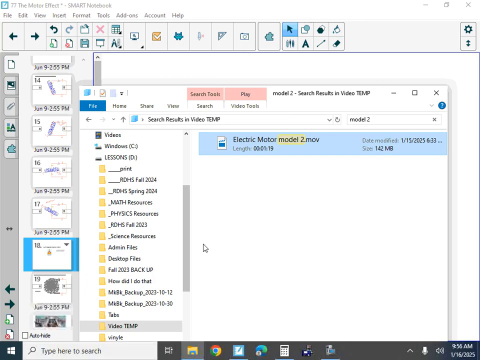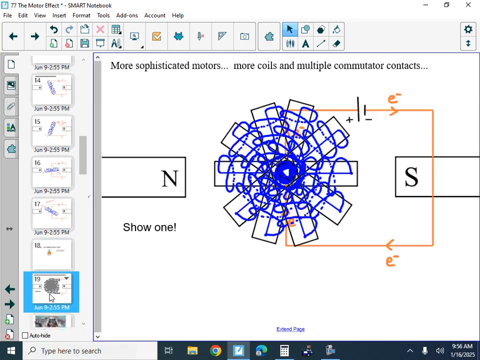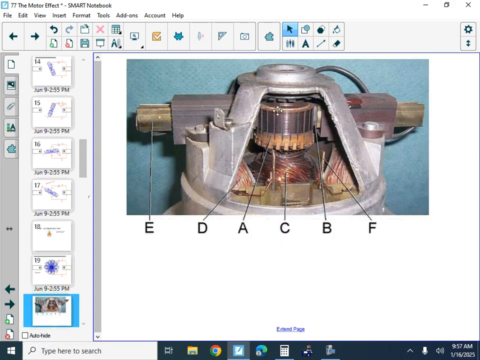So all good. This is a more complicated motor where you have lots of coils, in which case you have lots of ends of coils. And so this is the commutator, that's the armature, all these different names. This isn't an engineering course about the design of motors, it's a physics course for understanding the physics of motors. But each of these pairs of coils has a pair of connectors from the ends, one here and one on the opposite side.